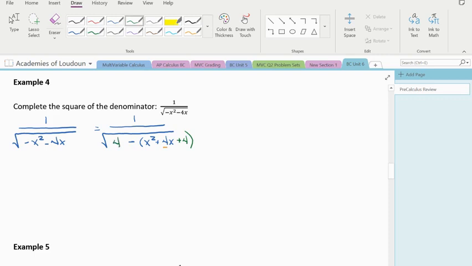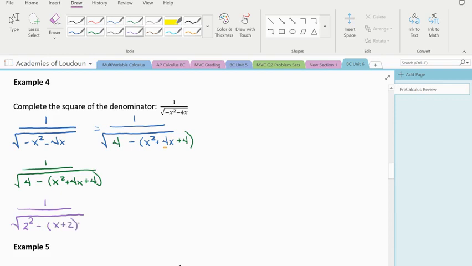So then I can put this 4 here, which then gives me 1 over the square root of 4 minus parentheses x squared plus 4x plus 4. Recognizing I'm looking for inverse sine, this is going to be 1 over the square root of 2 squared minus x plus 2 quantity squared.